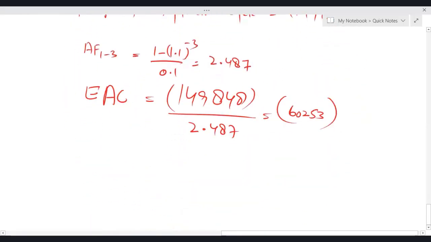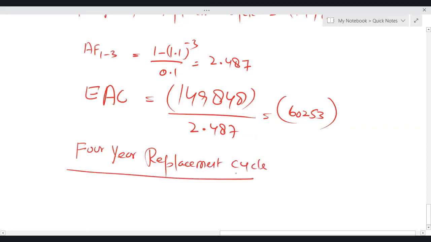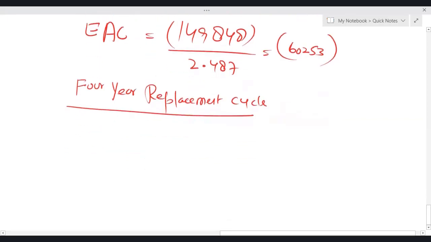Now let's go for 4 years. Four-year replacement cycle.